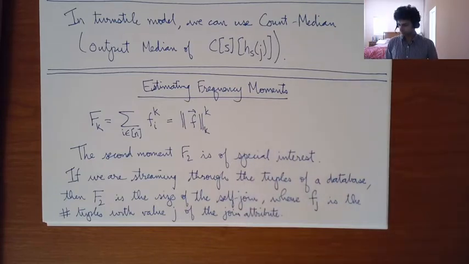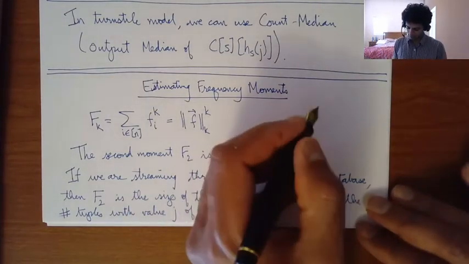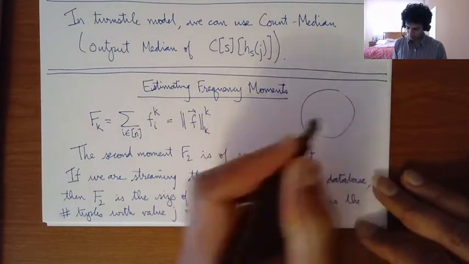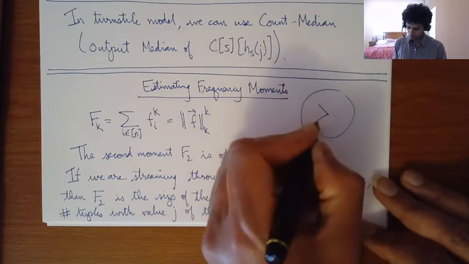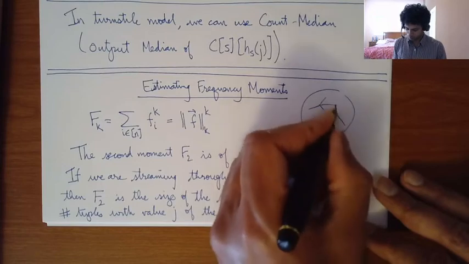What is a self-join? What you can think of is if you have two tuples that share the value of a particular attribute, then you combine those two tuples on that attribute to get a bigger tuple with all the others. This is something that comes up in databases. Maybe the easiest way to think of it is if you have a graph and you think of your tuples as just edges. The self-join is the number of paths of length 2.